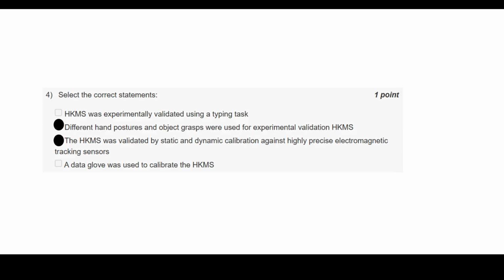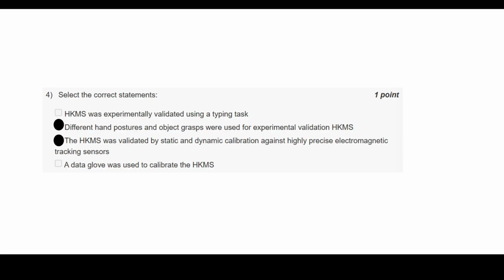They knew what the measures were before making the measurements. It was also calibrated dynamically by comparing it with the EMT, the electromagnetic tracking sensor system.